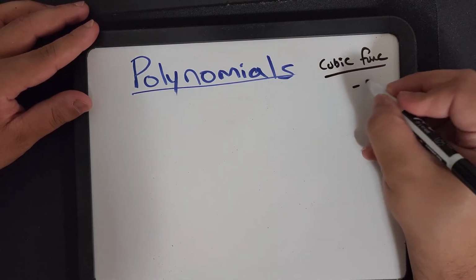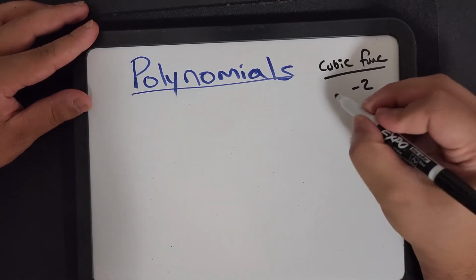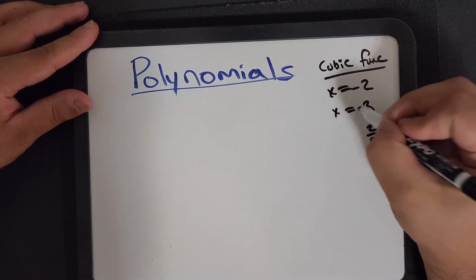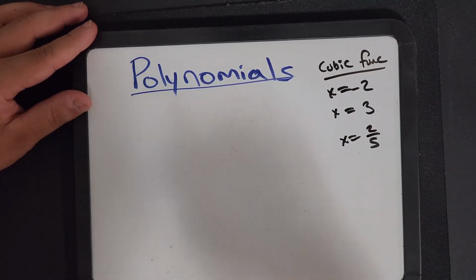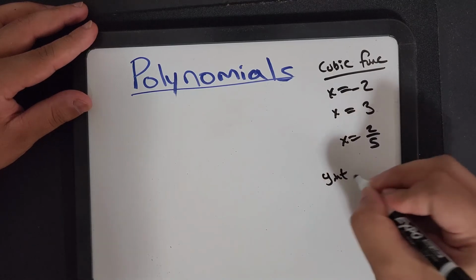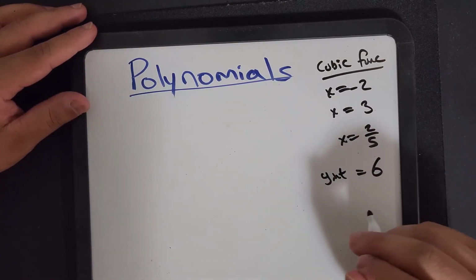We want the zeros to be at -2, 3, and 2 over 5. We want to write a cubic function, and we want the y-intercept to be 6. So let's write this out.